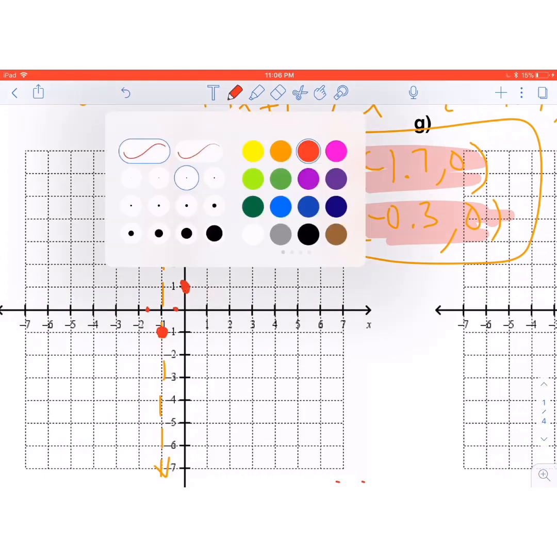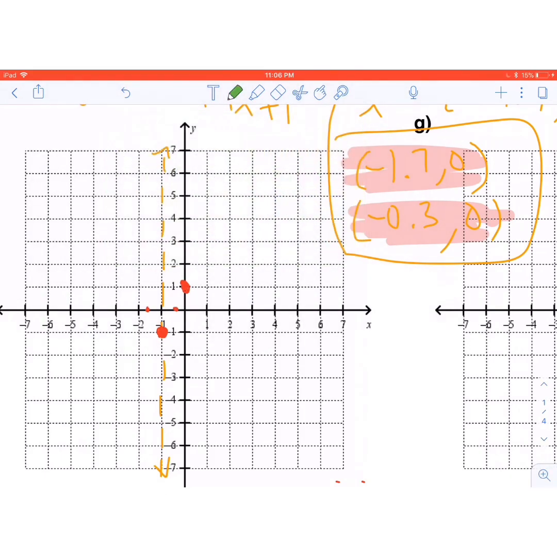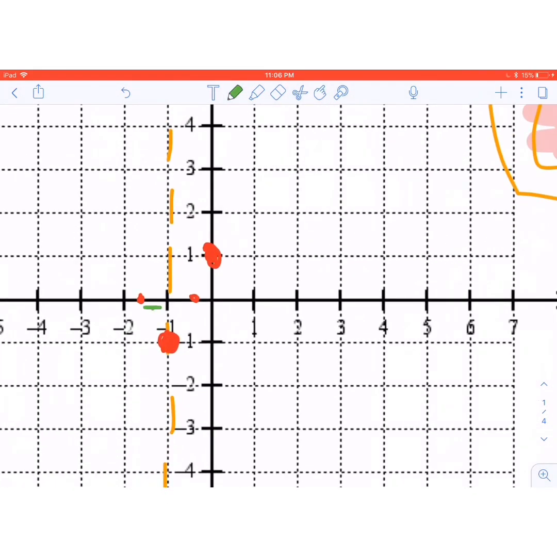So what you have to recognize here is that these 2 points are exactly the same distance away from the axis of symmetry. And remember, a parabola is a symmetrical shape. So given that, this point right here, our y-intercept, will also have its pair right here that's the same distance away.